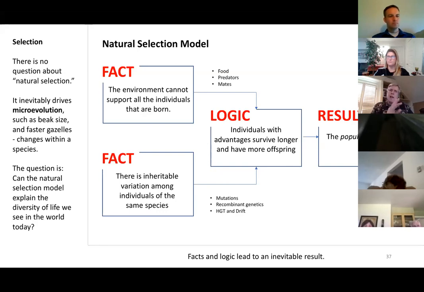So the fact that natural selection results in microevolution is indisputable. If anyone says that they have a hard time with microevolution being the result of natural selection, then they're just not thinking, because these are facts, this is inescapable logic, and this is the result.